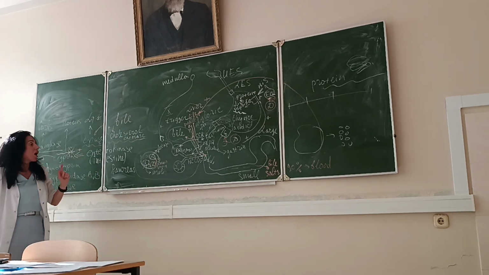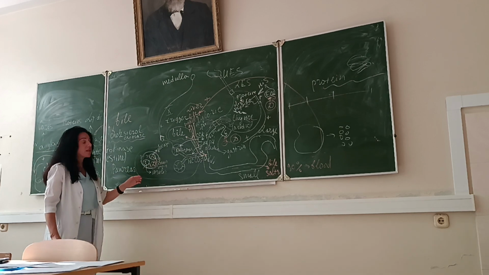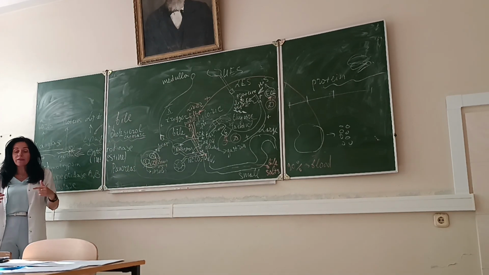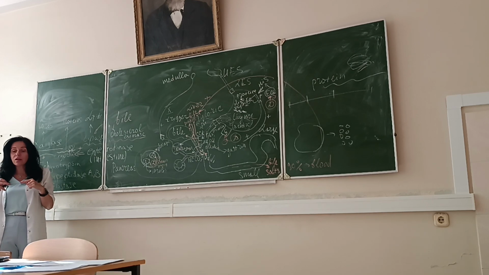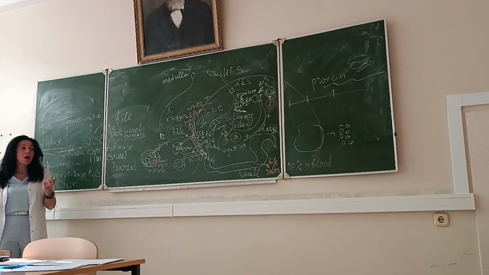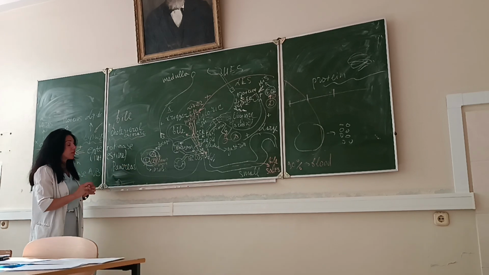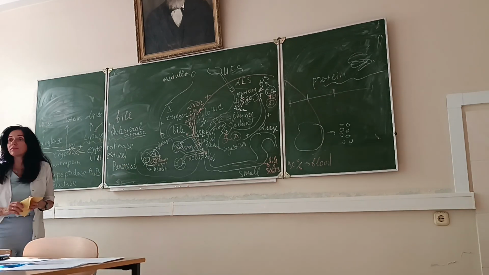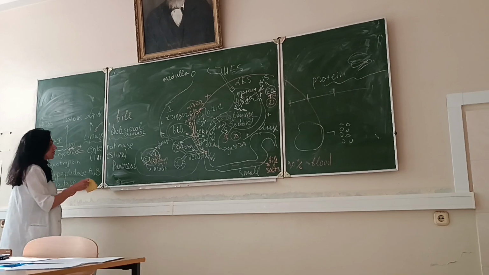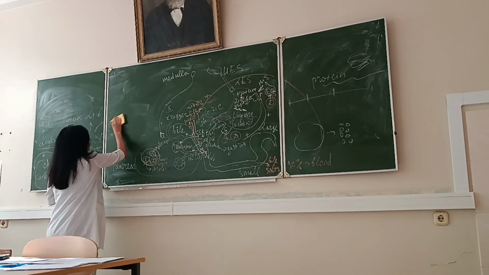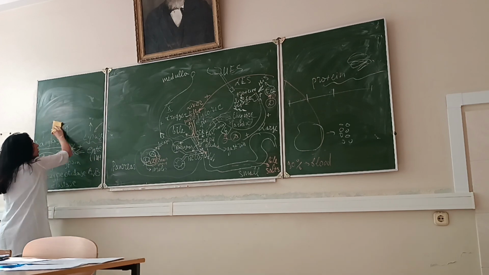Now about insulin. It is very important to understand the connection between metabolism and digestion. The key point is insulin production. What factors stimulate insulin production? The amount of glucose in the blood, the level of glucose in the blood: increase or decrease?